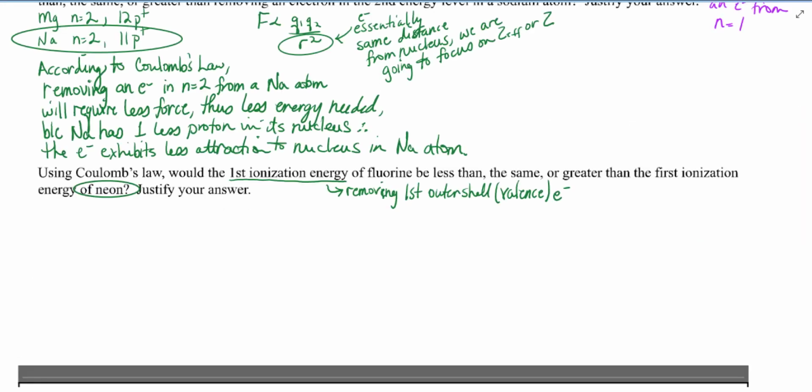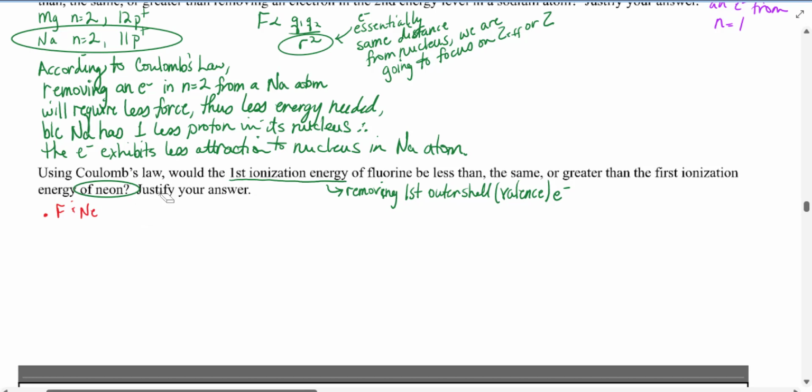So according to Coulomb's law, well, here I'm going to do bullet points now so you can see what it looks like to justify an FRQ using bullet points. So same energy level, fluorine and neon are both on energy level 2.